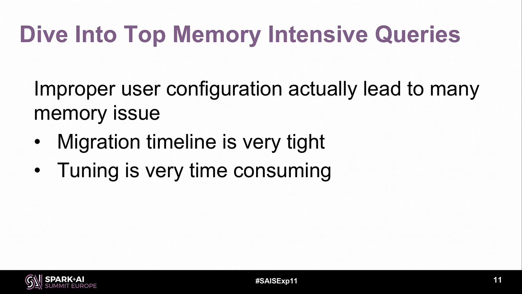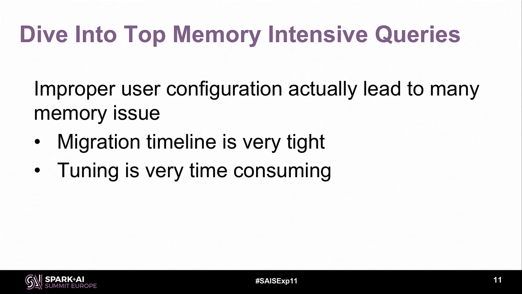It is not very surprising, because the timeline of this kind of migration is usually very tight, as you can imagine. The earlier we can finish the migration, the earlier we can shut down the old system, and the more money we can save. And the tuning is actually very time-consuming. Some Spark configuration is very tricky.